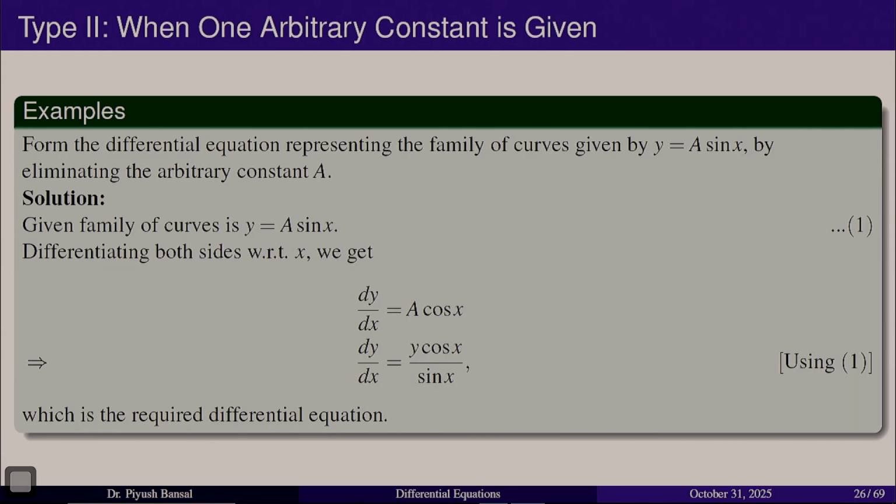So y equal to a sin x, we differentiate directly on both sides. So we get dy by dx equal to a cos x. Now the value of a from the first equation is y over sin x, so we just replace that value and we get the equation without any arbitrary constant. So this is the resulting differential equation of the first order for the given family of curves.